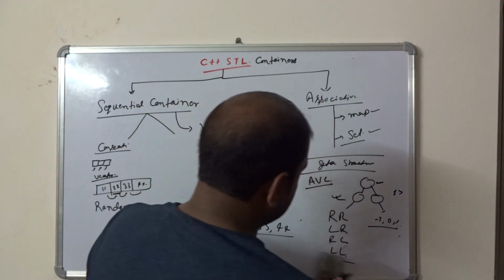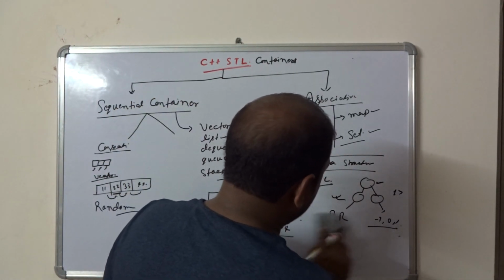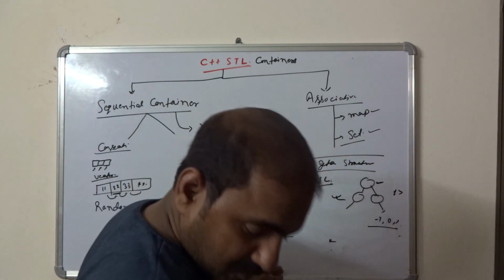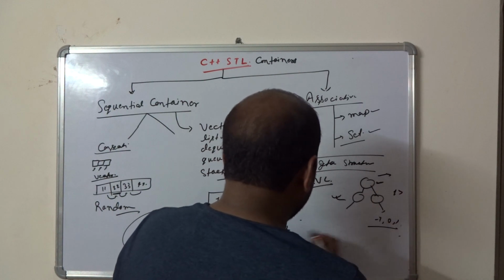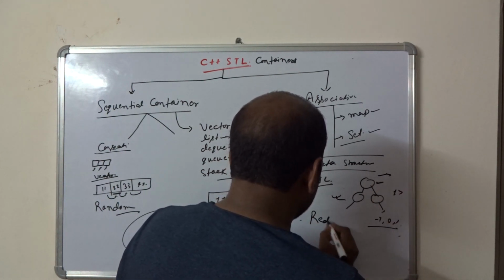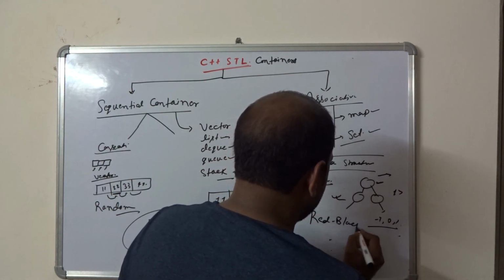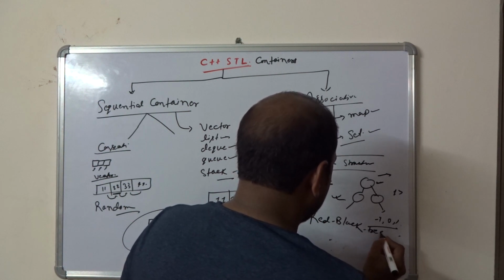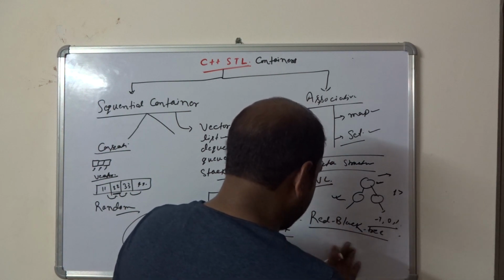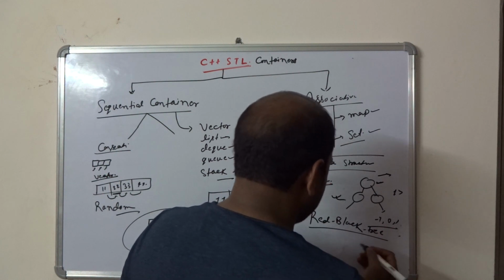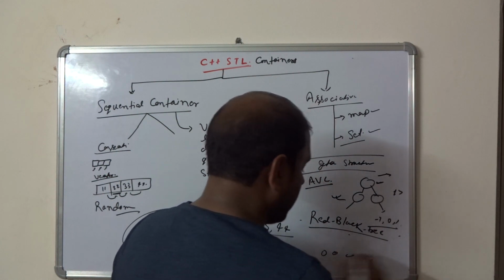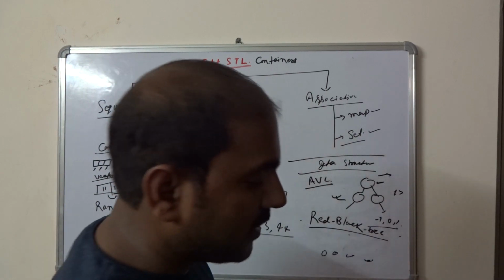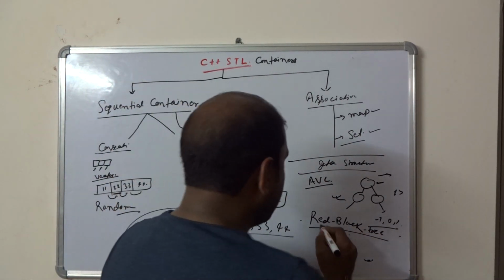Then people came to the red black tree. AVL is also a binary tree, and here is the concept of the red black tree. The red black tree has its own principles, like the node color combinations.